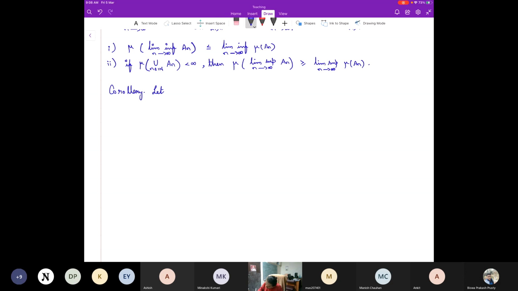As usual, let (Omega, A, mu) be a measure space and let (A_n), n in N, be a sequence of sets.